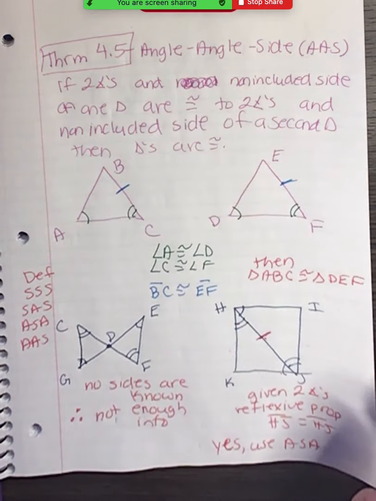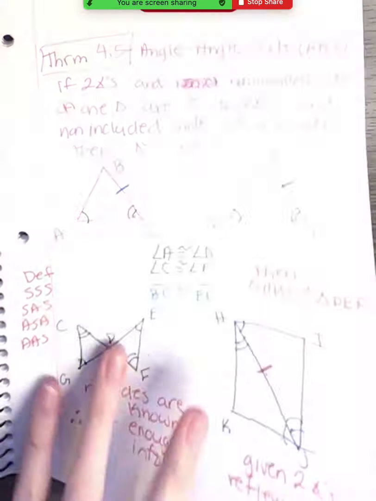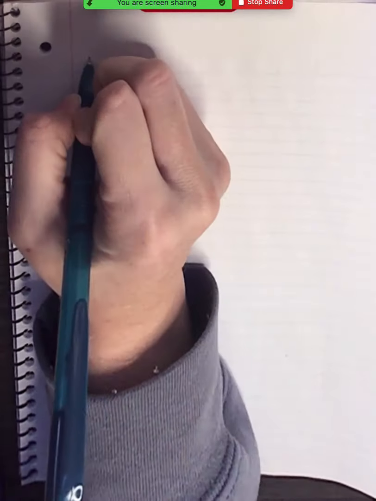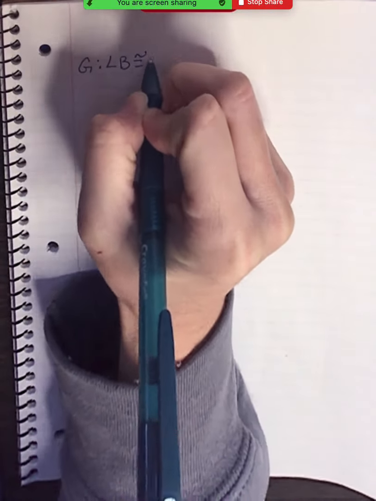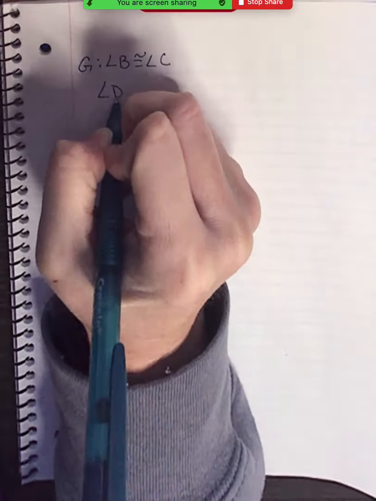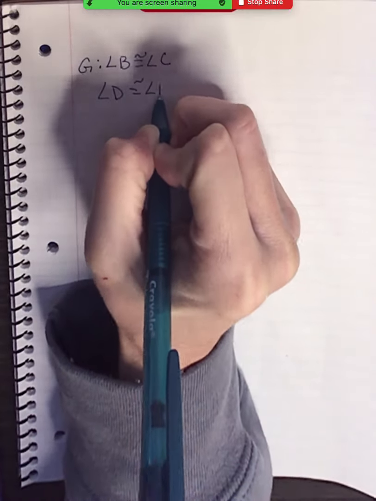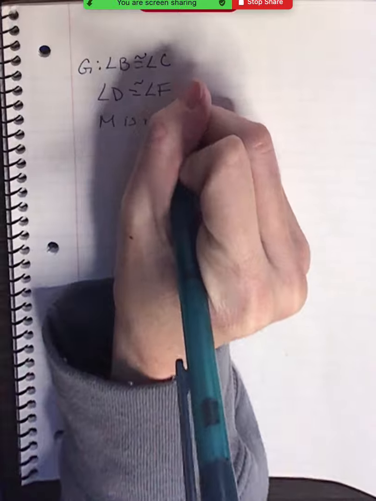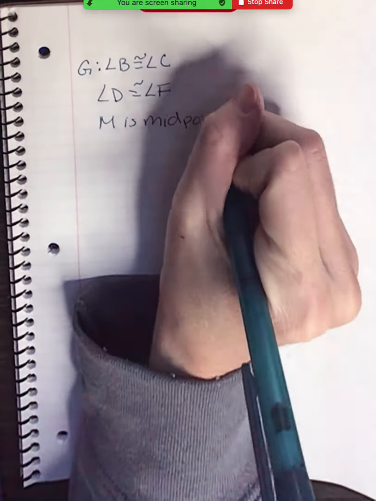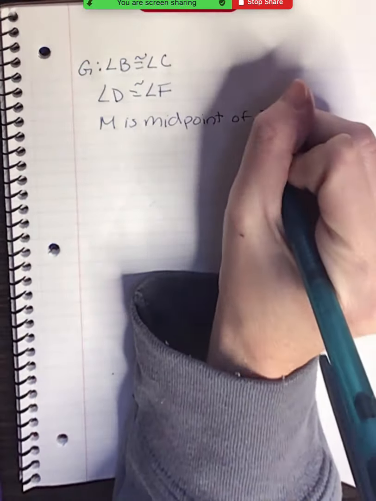All right. Then we have one proof, and that's lesson 4.4. So given angle B is congruent to angle C, angle D is congruent to angle F, and M is the midpoint of DF.